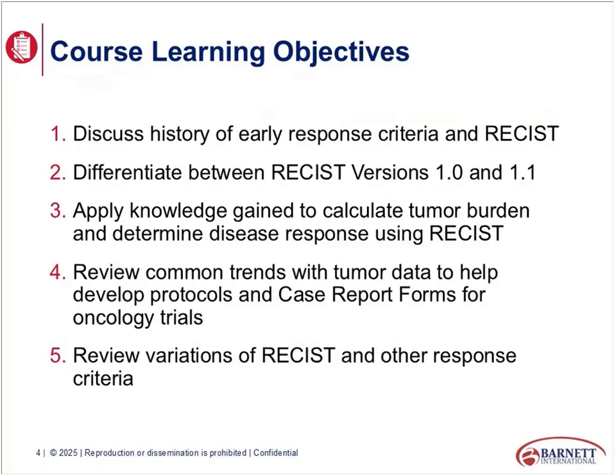You should be able to review common trends with tumor data to help develop protocol and case report forms for oncology trials. And then finally, you should be able to review the variations of RECIST and the other response criteria and have a little bit of knowledge on those different variations so that you can determine if any of those other modifications would be beneficial for your studies.